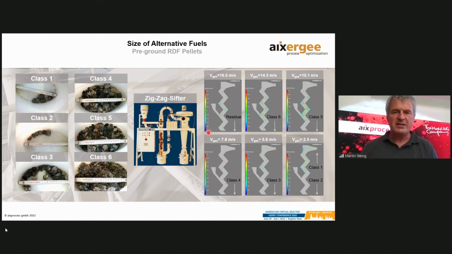So these particles are injected into a zigzag sifter, and terminal velocity is determined, and we did the same with simulation. And again, you see it's a Barracuda simulation to identify the typical terminal velocities and to transfer them into sizes of particles that we can use as an input for the simulation.